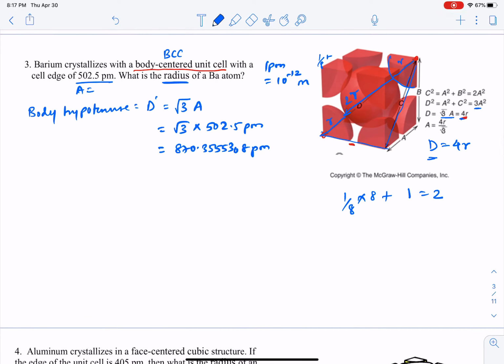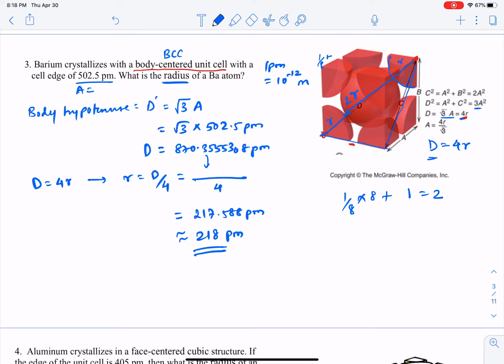Now we got D, and we also know that D is equal to 4r. So from here r is equal to D by 4, and you substitute the value and divide by 4 and you get approximately 217.588 picometer, that is 218 picometer. So you get your radius of the Ba atom.